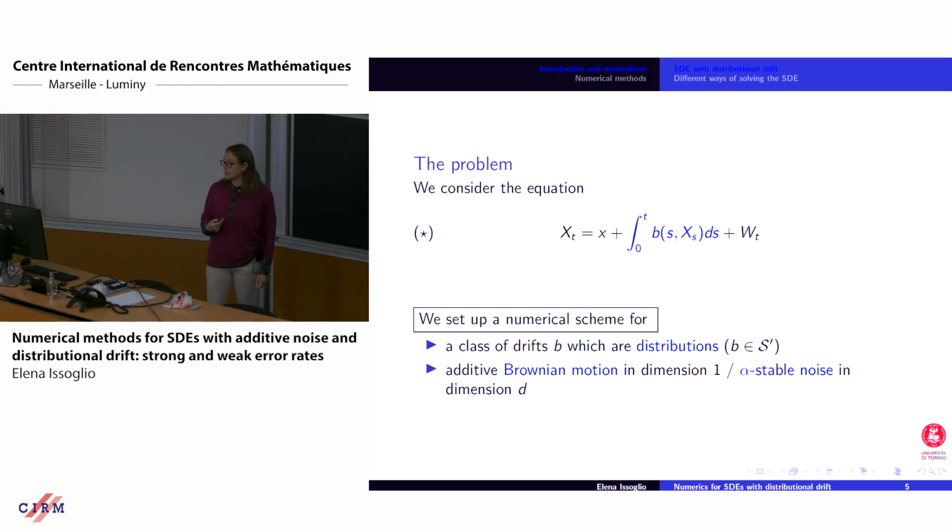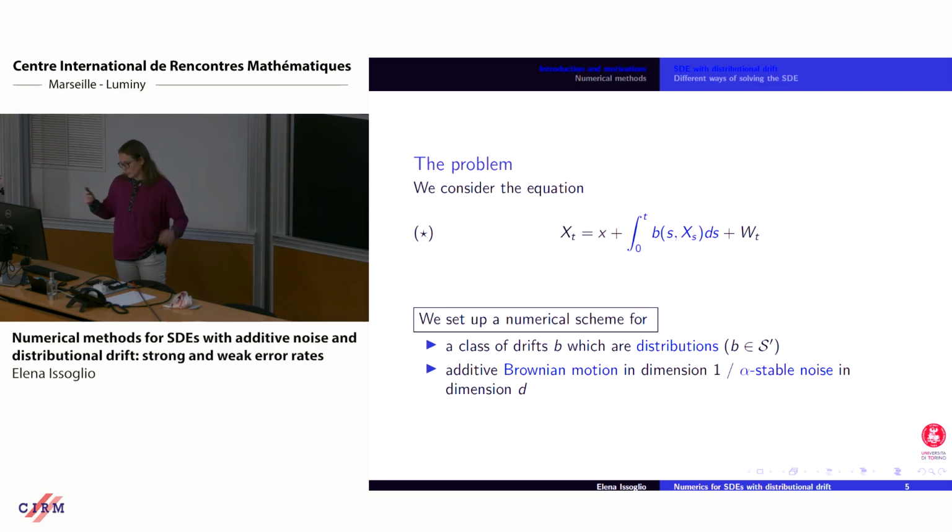In dimension d, solutions exist, but are weak solutions. And then at the end, this noise here will be an alpha-stable noise, and that will be in dimension d, and we will look at the weak rate in that setting. Again, the solution of star is weak.